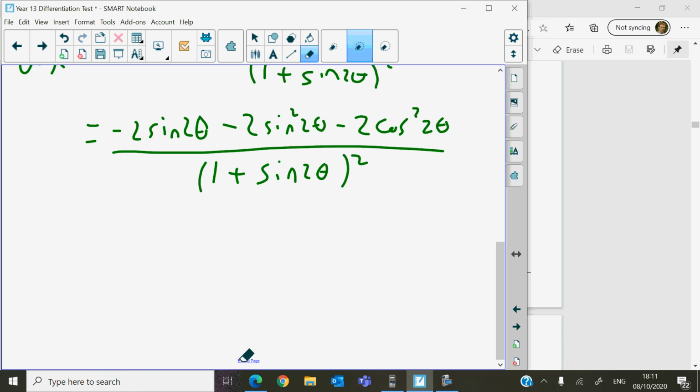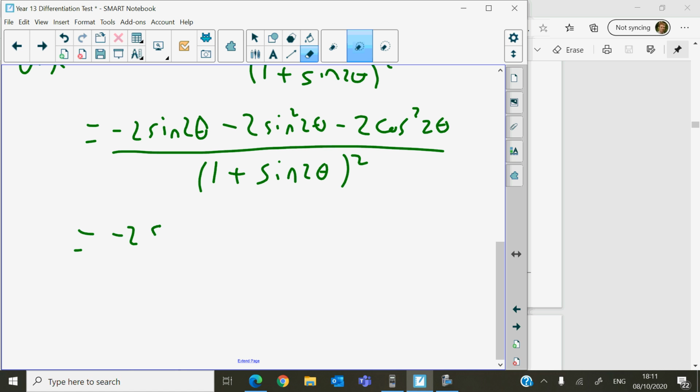Okay, great stuff. Now, hopefully, after you got to this stage, you might notice that we've got sine squareds and cos squareds. Now, if I factorize what's there, I could take out this 2 that is missing there.